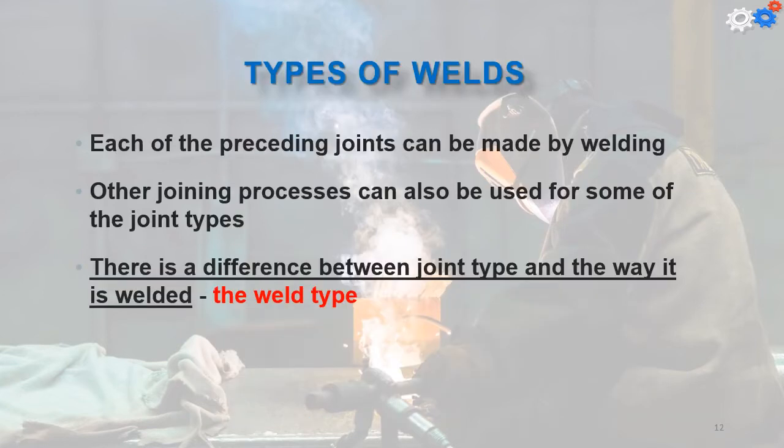Each of the preceding joints can be made by welding. Other joining processes can also be used for some of the joint types. There are differences between the joint type and the way it's welded, which is called the weld type.